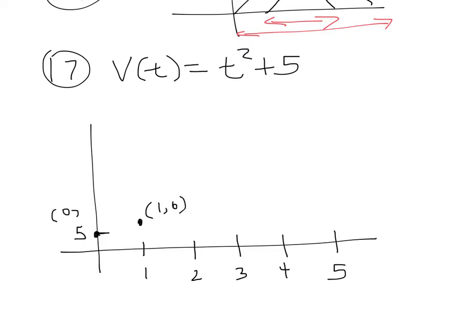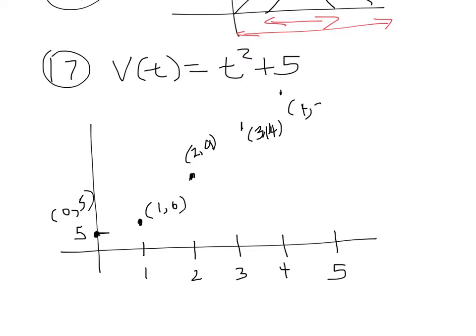Of course that point's 0, 5. Then if I plug in 2, I get 2 squared, which is 4 plus 5, so that's 9. So that point's 2, 9. Then I plug in 3. 3 squared is 9 plus 5 is 14. So that becomes 3, 14. And then I plug in 4, and that becomes 16 plus 5, so 21.